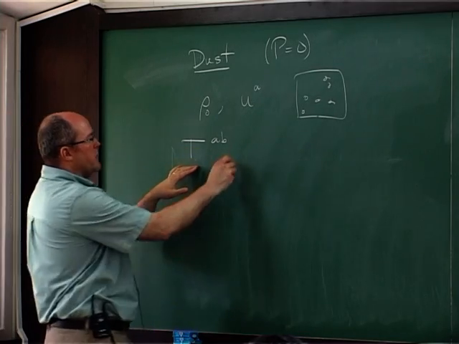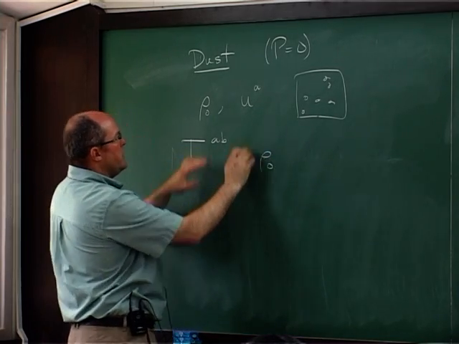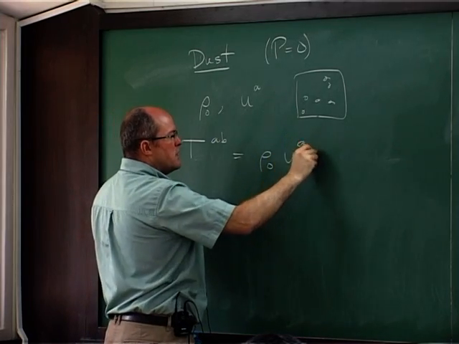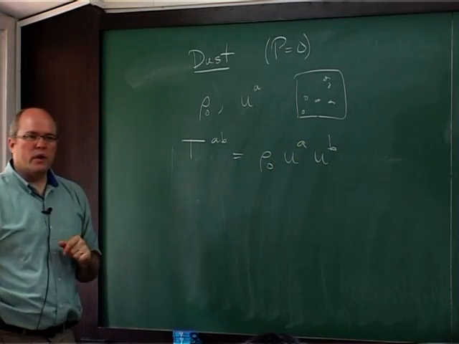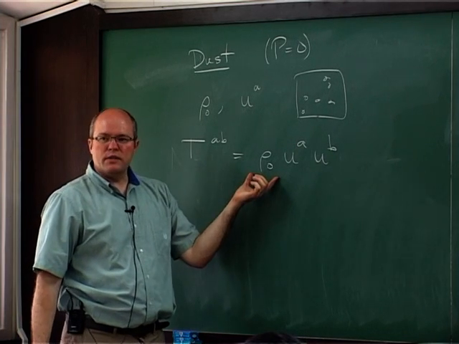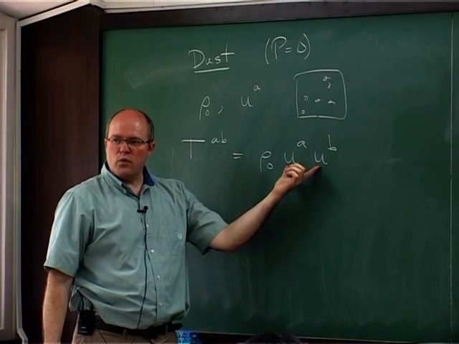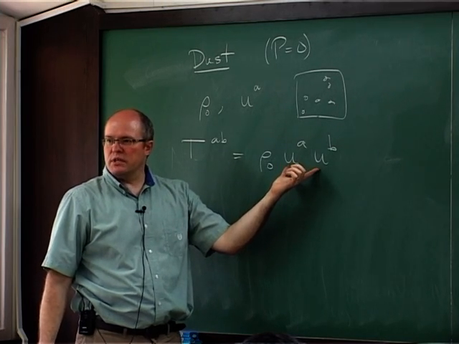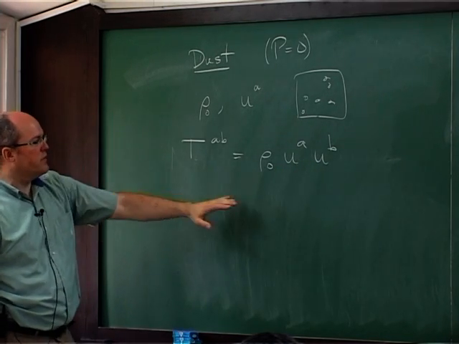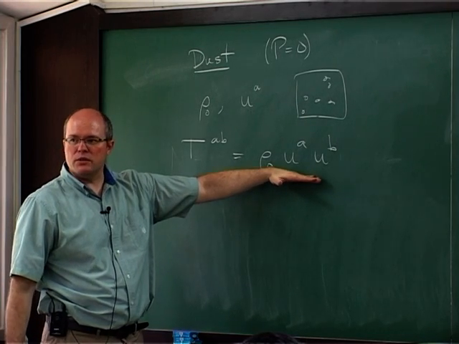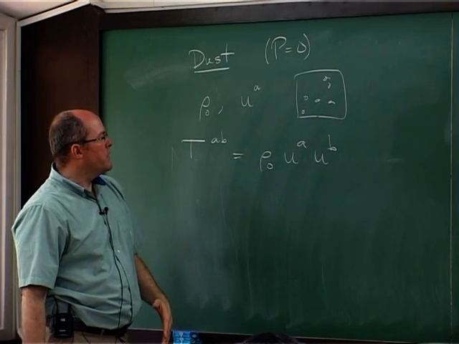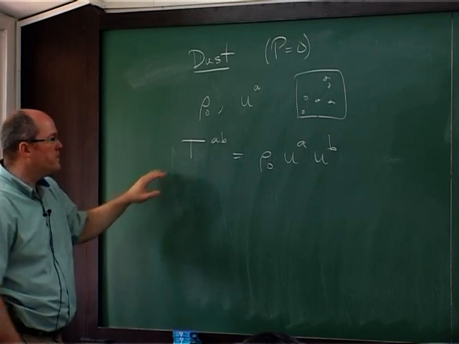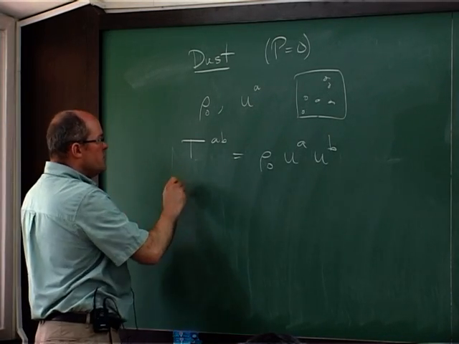About the only way I can take these two things and build a rank 2 object out of them is to do something like this, where I have a product of the density and the two 4-velocities together. This is now a rank 2 object. It's going to be covariant because it's built out of covariant objects, vectors and scalars. Okay? And this is indeed the stress energy tensor for dust. So this is dust.